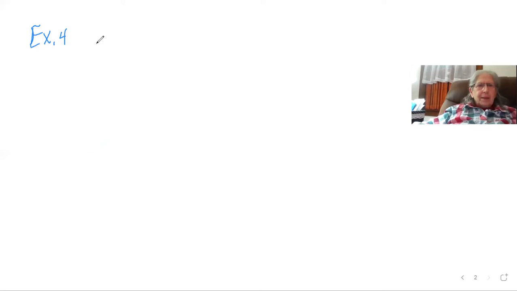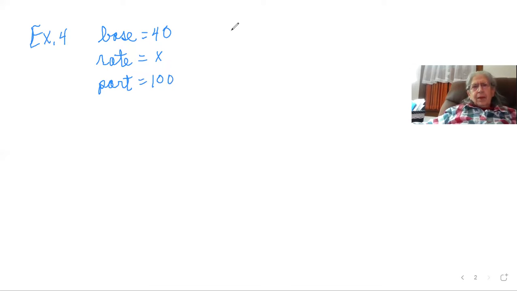We've got the base is 40. The rate is unknown. And the part is 100. And we get out our handy dandy formula, which says base times rate equals part.